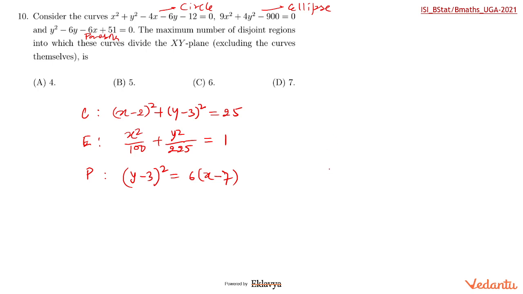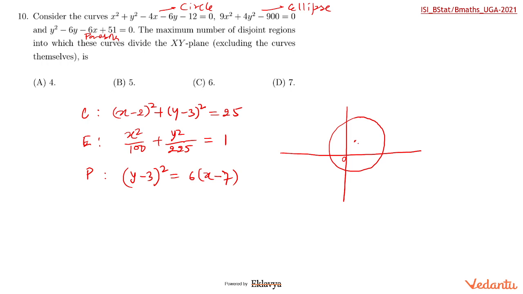So we'll have to plot all these curves on the xy plane. When we plot these, the circle has center at 2, 3, and radius is 5, so it will cover the origin. So it's like this.